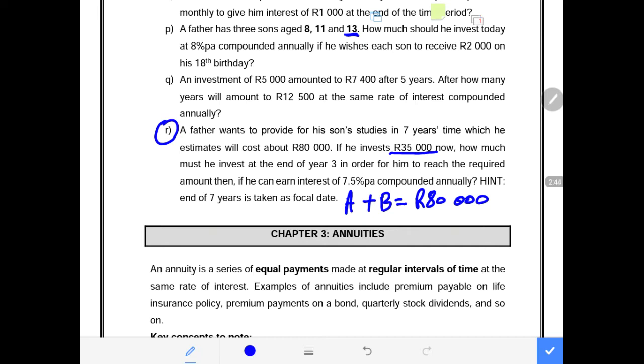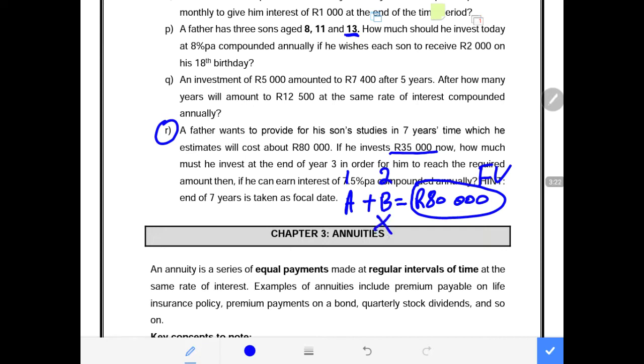Remember, the minute the amount that we want in the future is known, meaning we know the future value, but two investments must take place in between, we always use the formula. The future value is 80,000 rands, and one of the investments is unknown, so the use of the formula will be the best way, because investment number 2 is X.